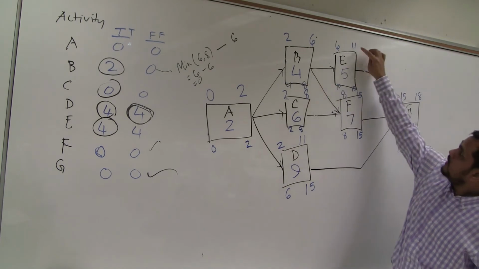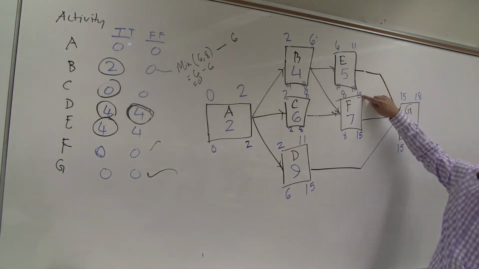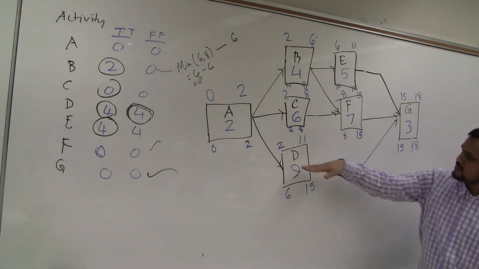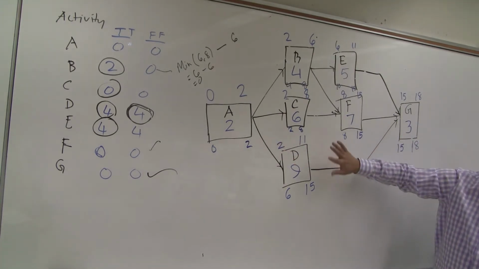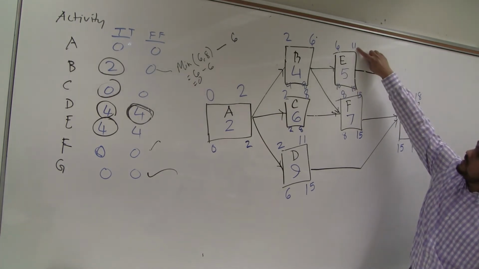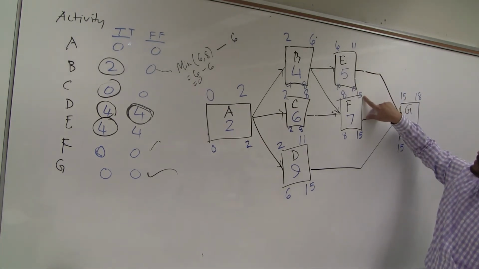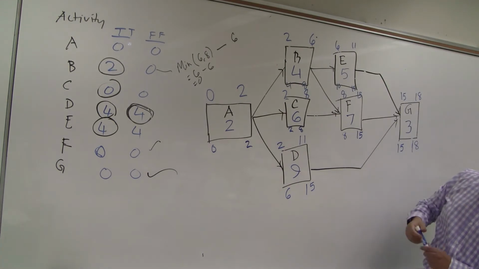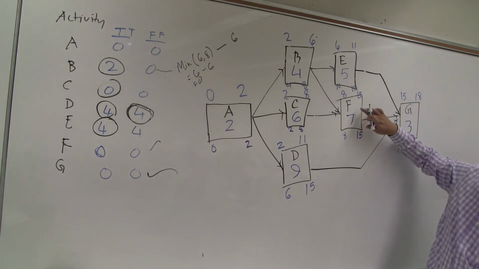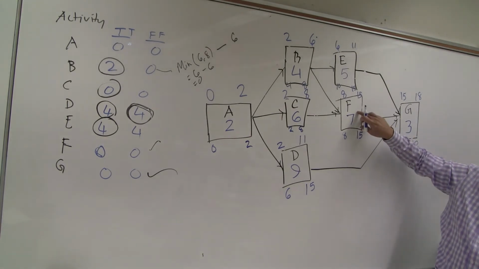Next, I am going here, 11, 15. Here there is nothing. So if I follow this path, it will take only 11. So this is not the answer. Here it is 11, 15. Then obviously 15. So this is in the critical path.